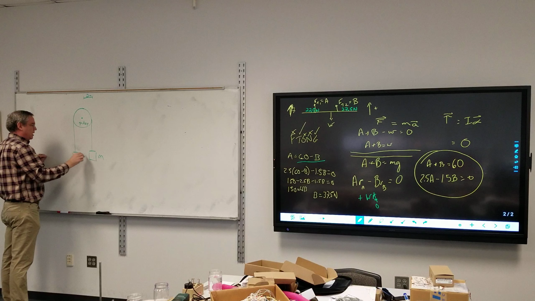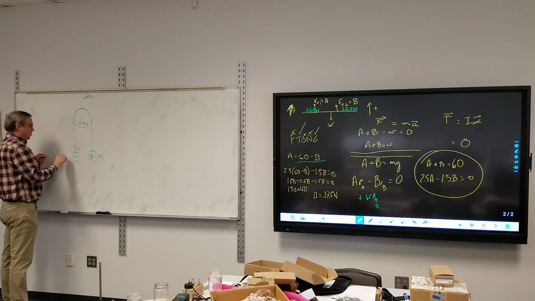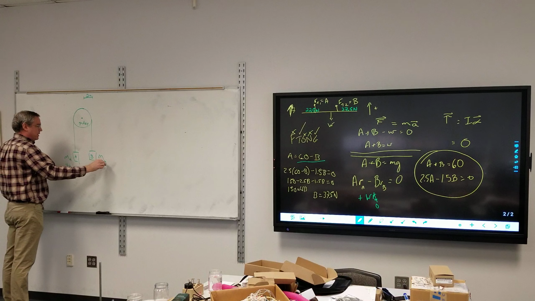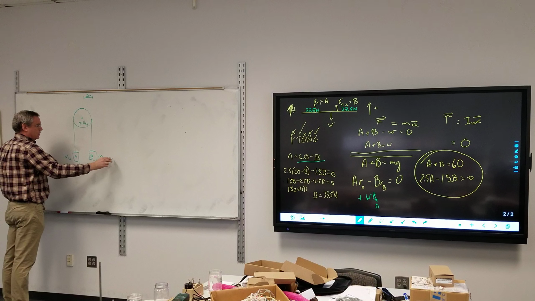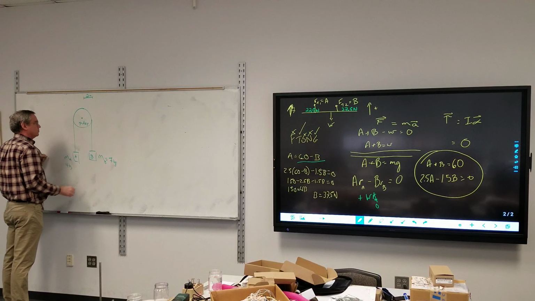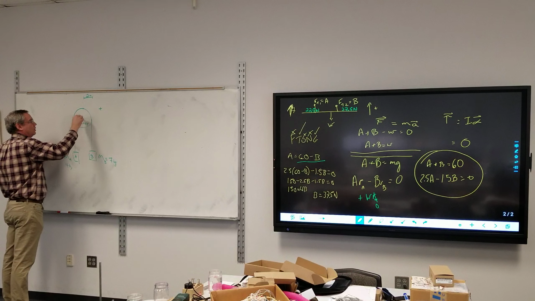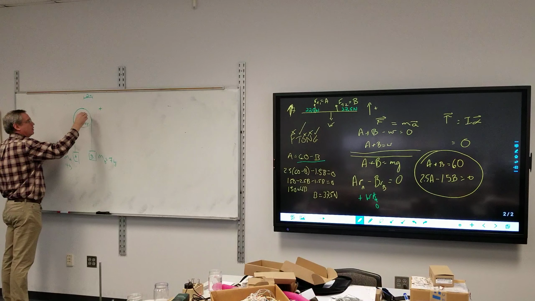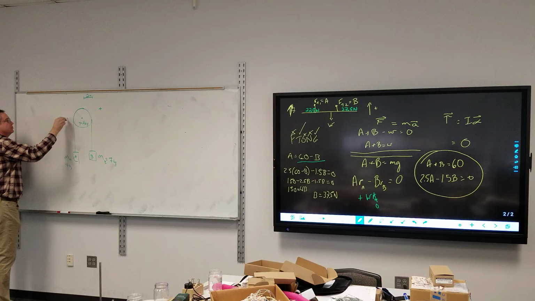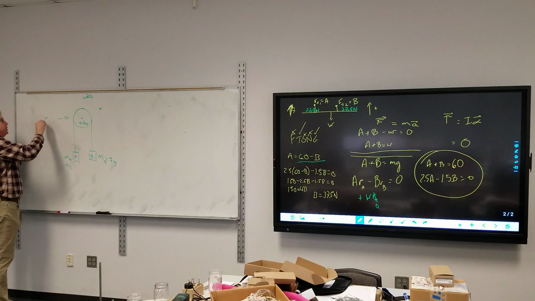We'll call this A and B. Mass A will be 4 kilograms and mass B will be 3 kilograms. No, let's... pulley in linear equilibrium.